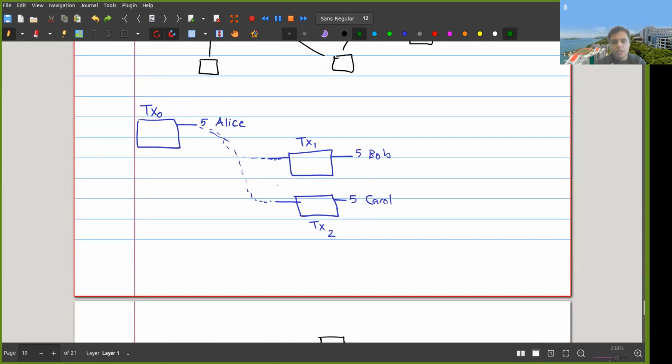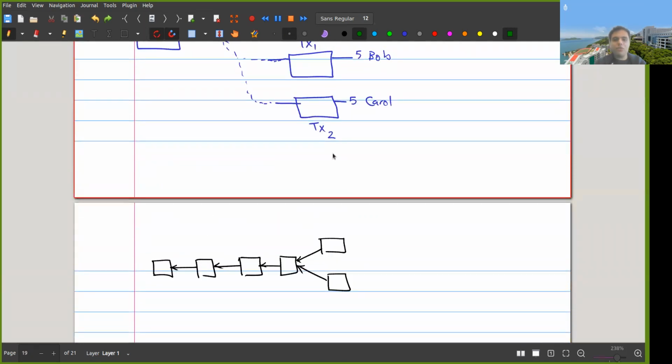Why? Because, well, again, I might have two transactions like this that are in conflict with each other. And maybe one of these transactions is in one of these blocks and the other transaction is in the other block. So I have to make sure that everyone on the network agrees about the order of the blocks.